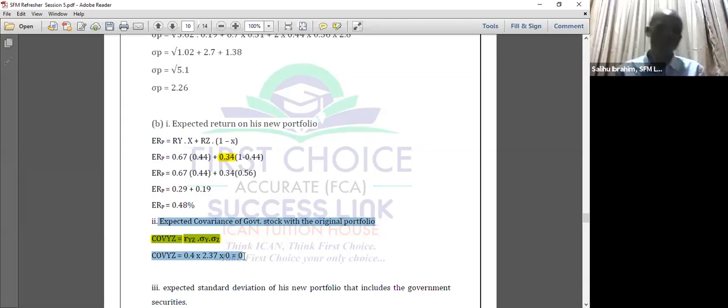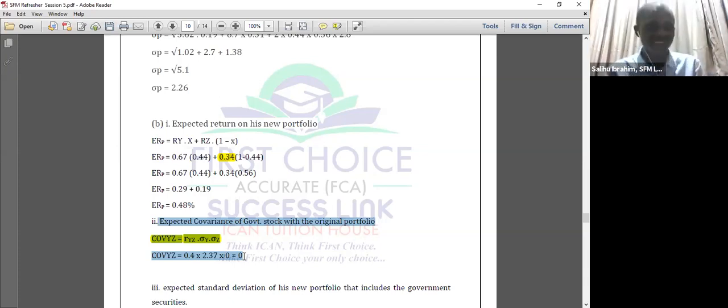What would have been your problem is, I know some students, if they had come across this question in the exam and they've not come across a similar question before, they will be trying to compute the standard deviation on the risk-free rate, or they will be looking at the question as being incorrect because they want to see the standard deviation of the government security at all costs, not forgetting that the government security is risk-free, and for all risk-free investments we have a standard deviation of 0.